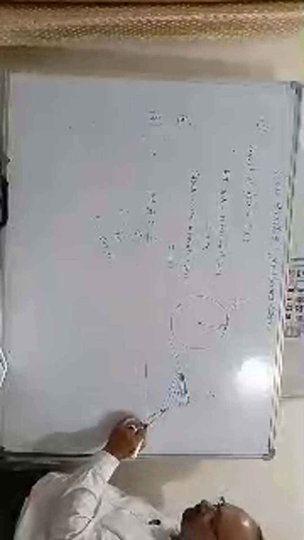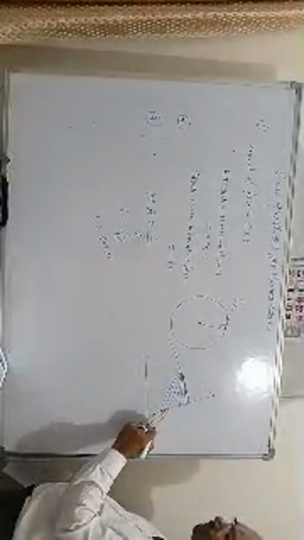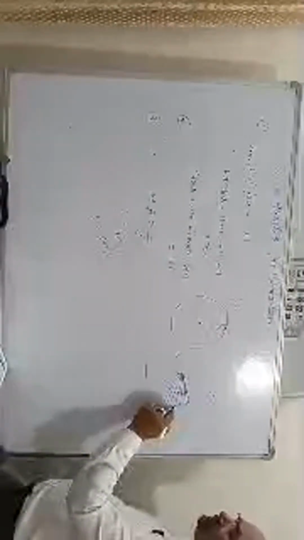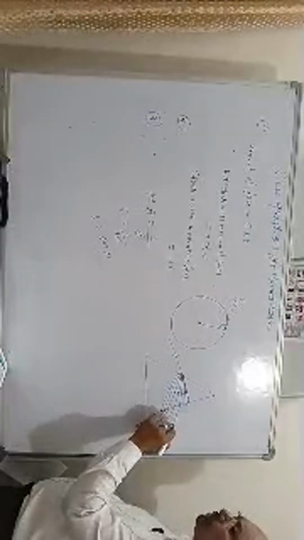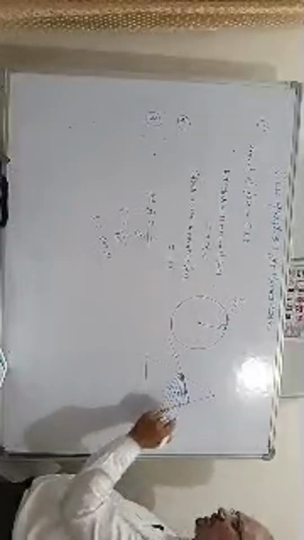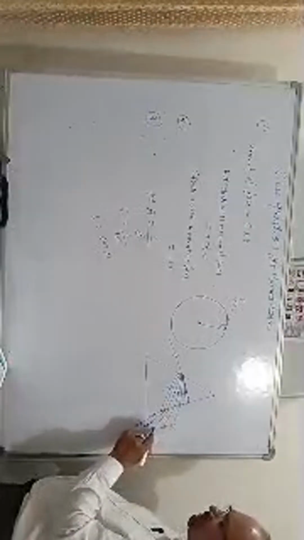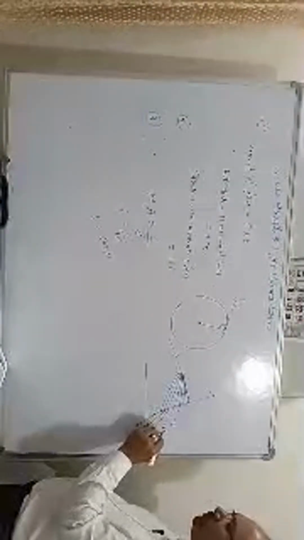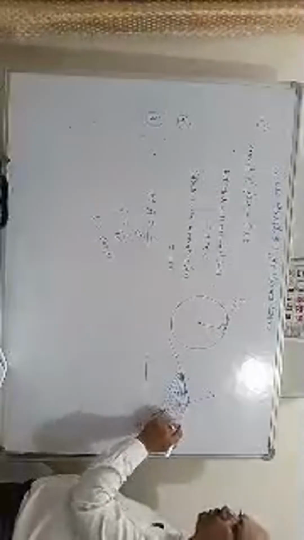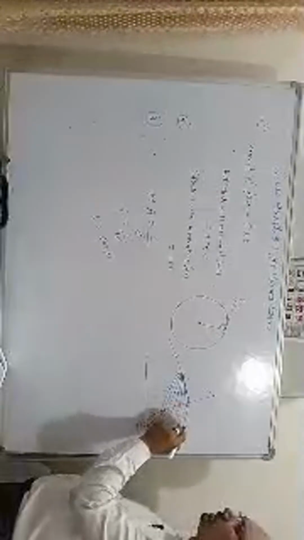This is violet. V I B G Y O R. There are 7 colors.